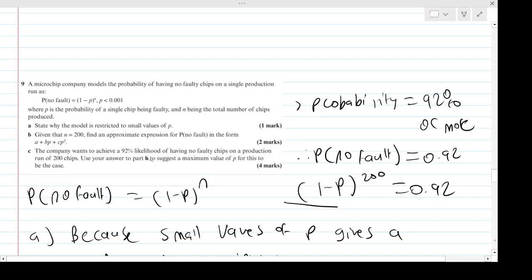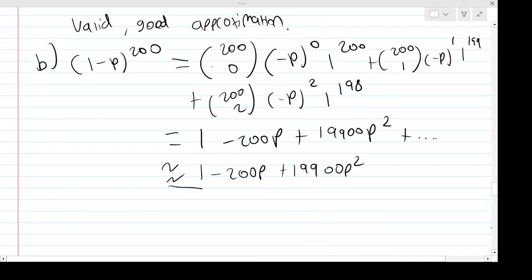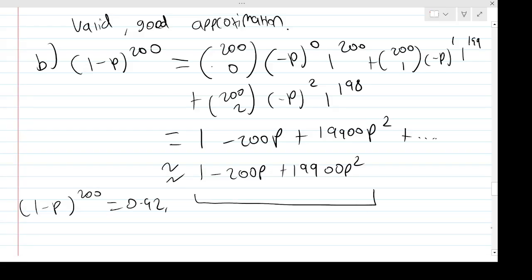Well, it says use my answer to part B. Well, my part B is this expression here, right? So if I want 1 minus p to the 200 equal to 0.92, then I need to set this quadratic equal to 0.92.